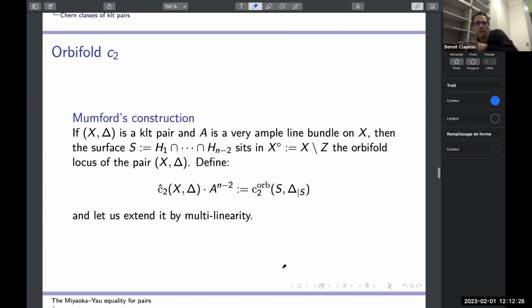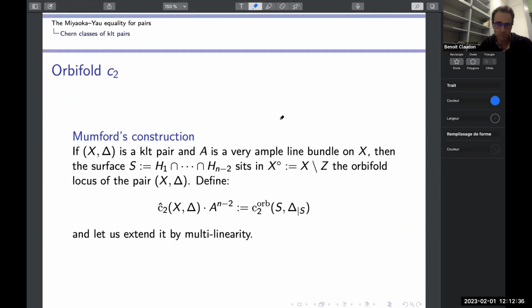Okay, now it's time to define the orbifold C2. And there are at least two different ways to define the orbifold C2. The first I want to present is the Mumford construction. And so here I wrote it for the C2 of a pair.